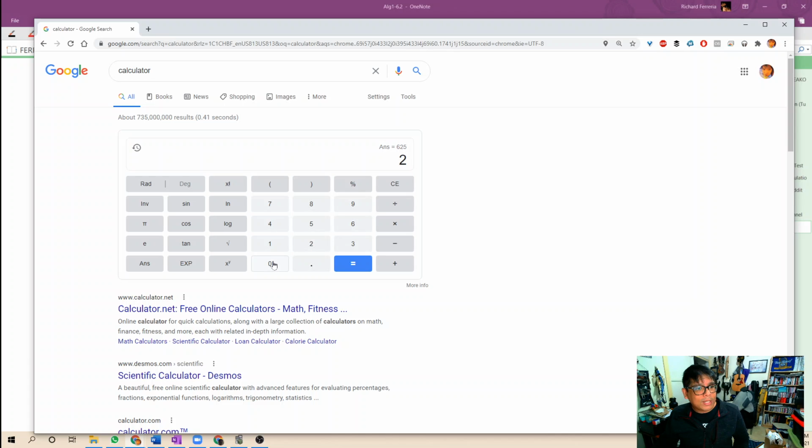We'll do 20 to the fourth power. Ooh, I pushed the wrong button. Okay, there we go, 20 to the fourth power. And whoa, way too big, 160,000. So I got to look for a number less than 20. Let's try 15. 15 to the fourth power.